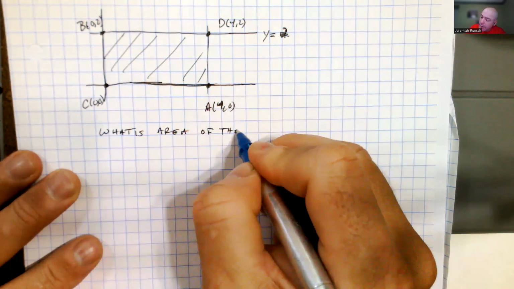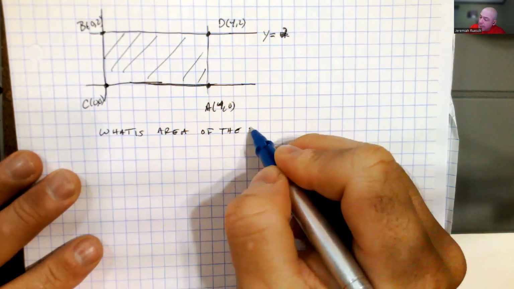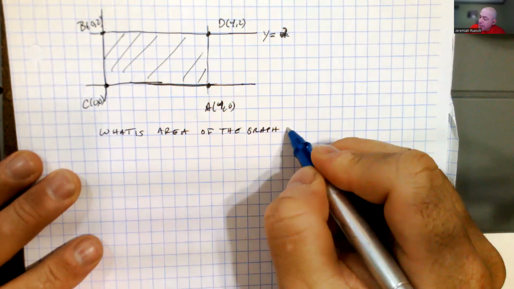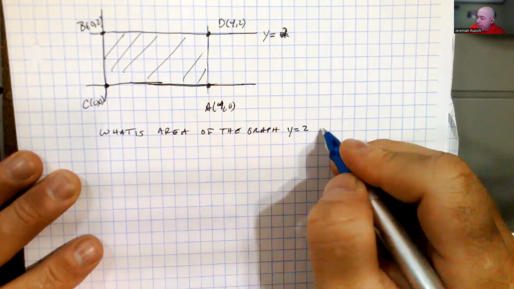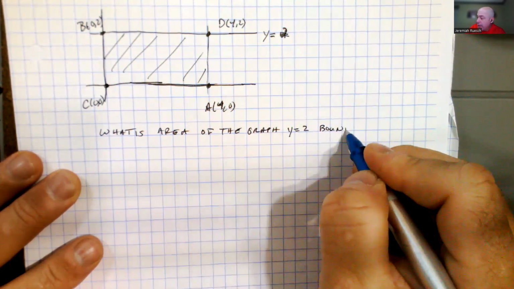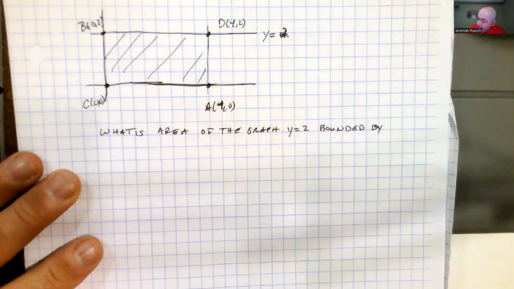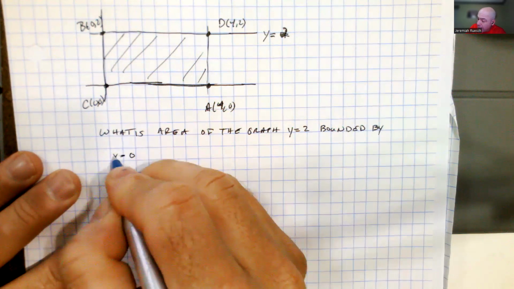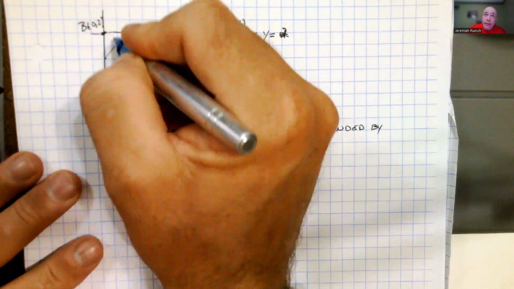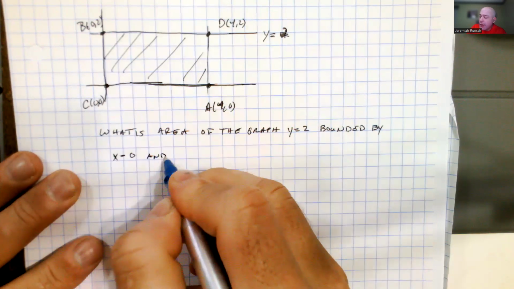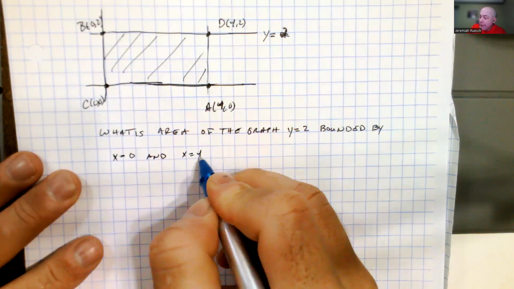The graph of y equals 2, bounded by x equals 0, that's the vertical line here at x equals 0, known as the y-axis, and x equals 4.